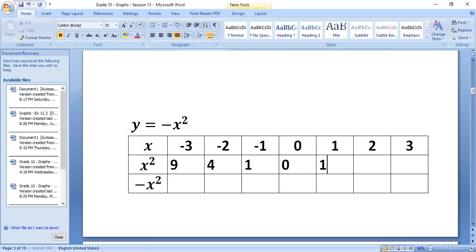Likewise, you have to multiply x value by x value, negative 3 into 3. Next, you have to take the value of negative x squared. That means you have to multiply the answer you obtained for this row by negative 1. So when you multiply the answers by negative 1, you will get the values like this.